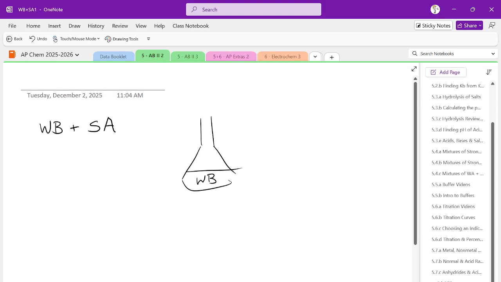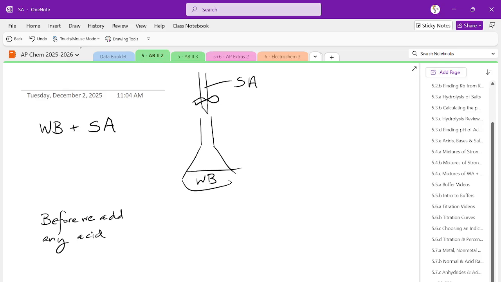And in our burette, we have our strong acid. So before we add any acid, what's the only thing we've got? We got our weak base. Let's call it NH3, for example.